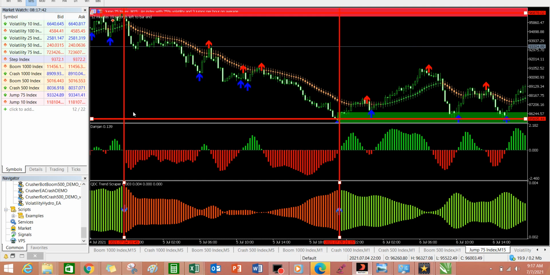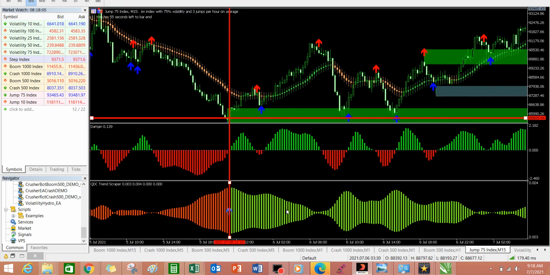Start from the trend, and let's say you are having a sell trend at the moment. Whenever you get a sell signal, make sure you place an order and wait till you get an exit arrow, which is the blue arrow. So you exit immediately, then wait for another red arrow to sell on a sell trend.